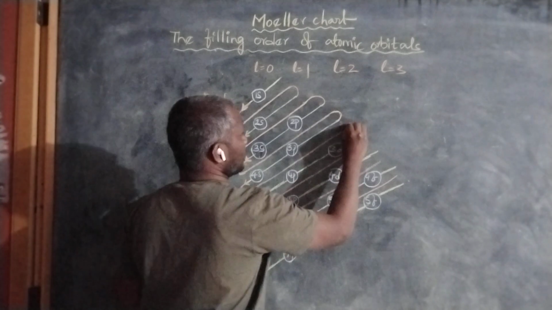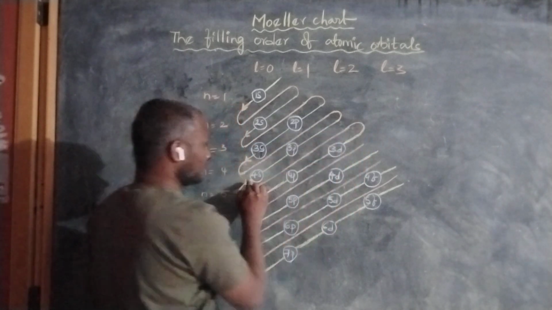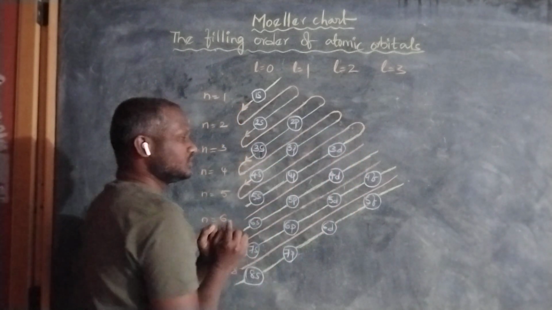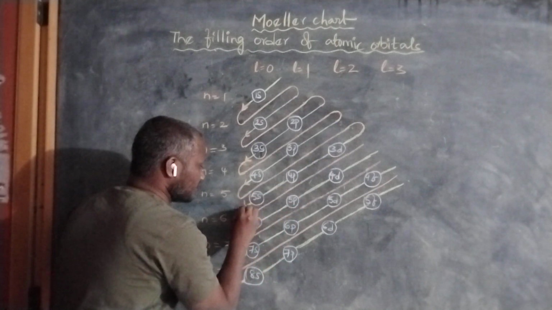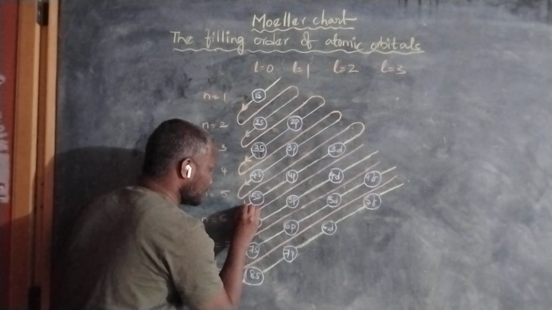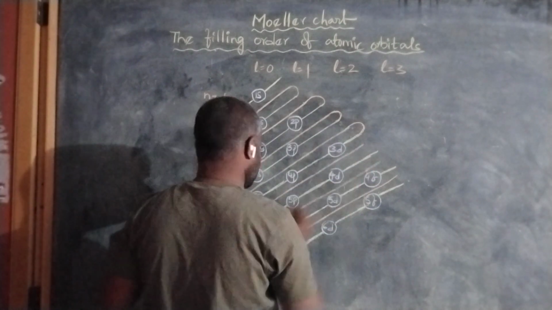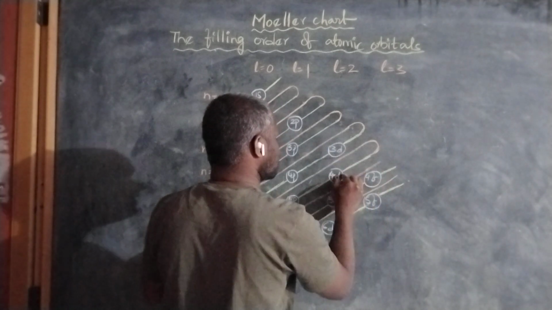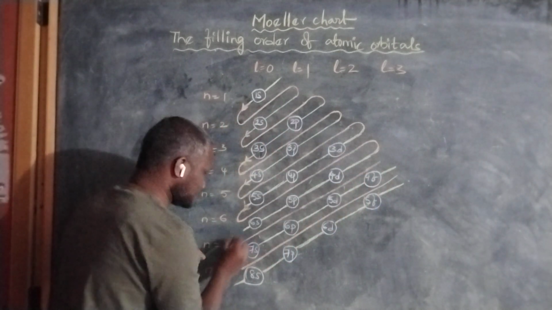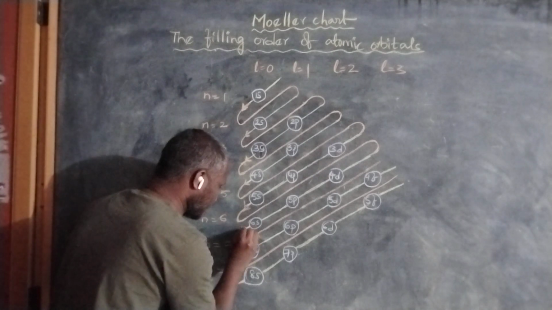Next, after completing the 4s orbital, the electron will enter 3d. After 3d, 4p. After 4p, 5s. From 5s, again the electron will start moving. After 5s, we distribute electrons into 4d, 5p, 6s. Here we have to keep the arrow.